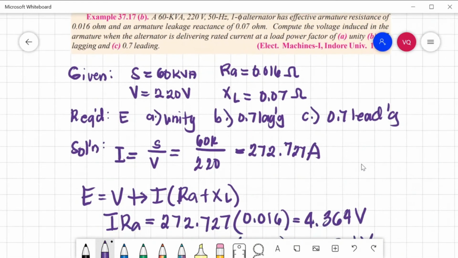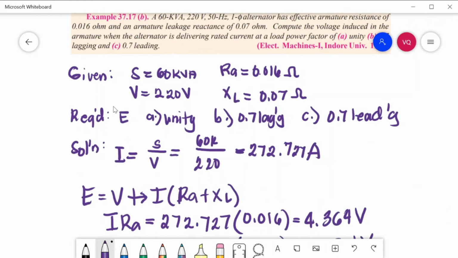Before computing all these E, we need the current first. We can compute current equal to apparent power divided by the voltage. So 60k divided by 220 is 272.727 ampere.